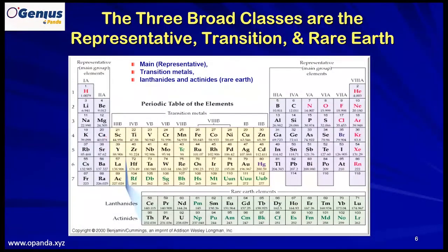Now let's go on and analyze the different parts of the periodic table. We have three broad classes of the periodic table, which are the representative elements, the transition elements, and the rare earth elements. Representative, when we say the representative, we mean these two parts, and this one. These two parts make the representative elements.